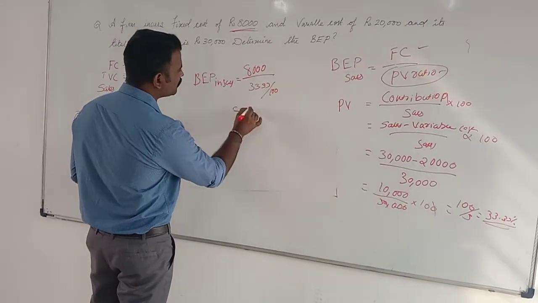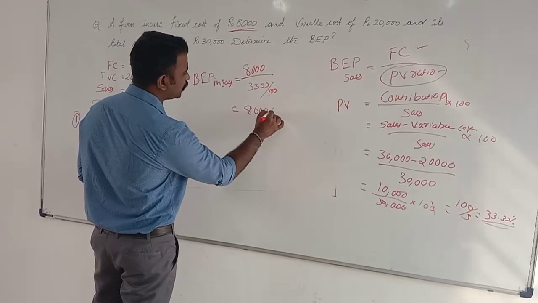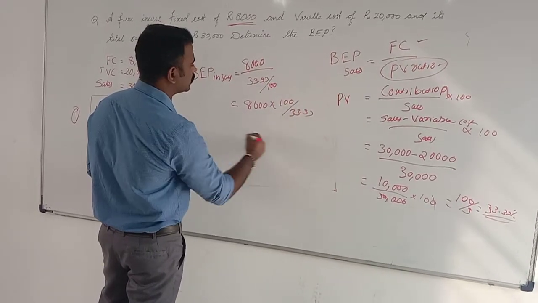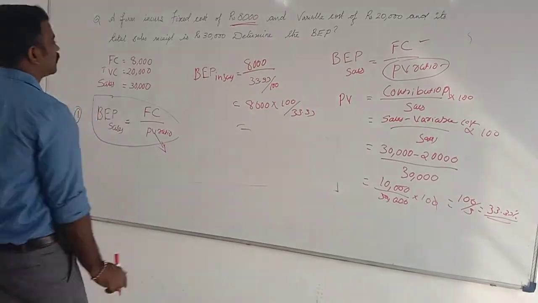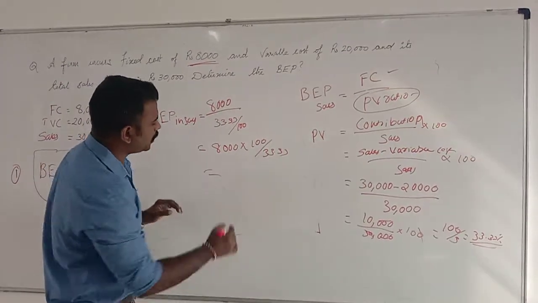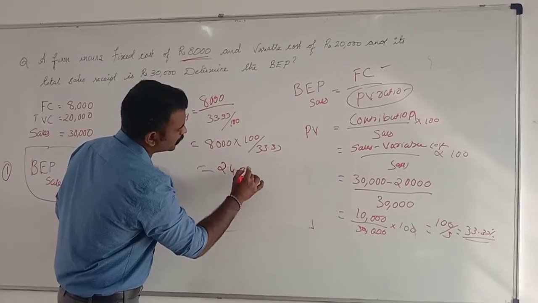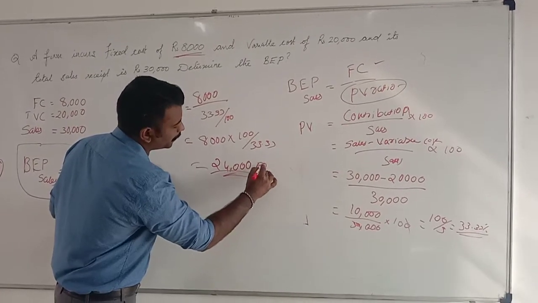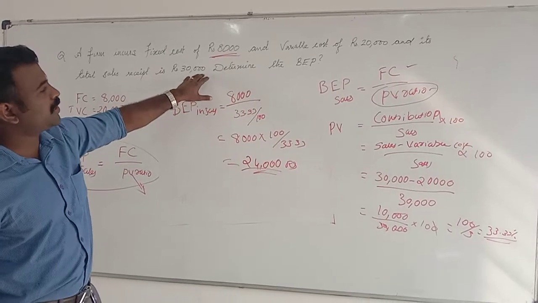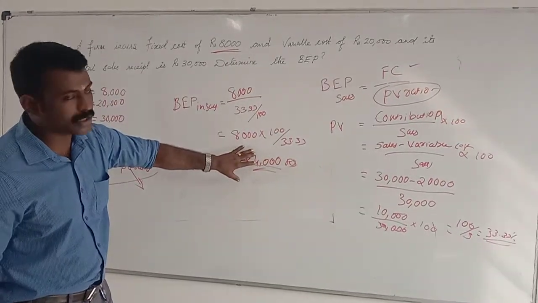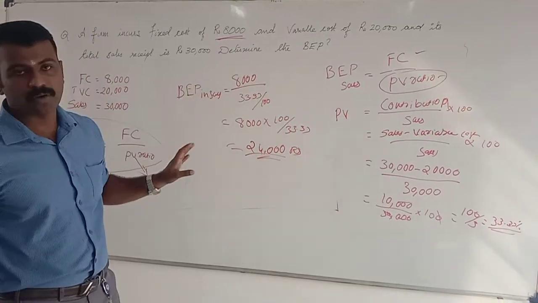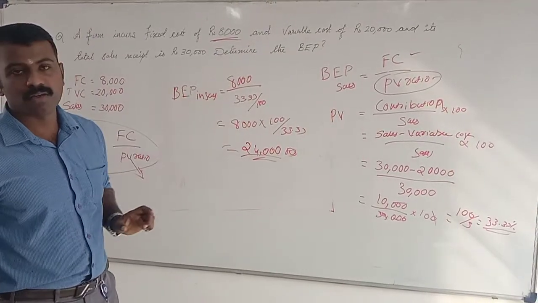It is equal to 8,000 into 100 divided by 33.33. We will get approximately 24,000 rupees. So in this question, whenever the sales becomes 24,000, the company is at the break-even point.